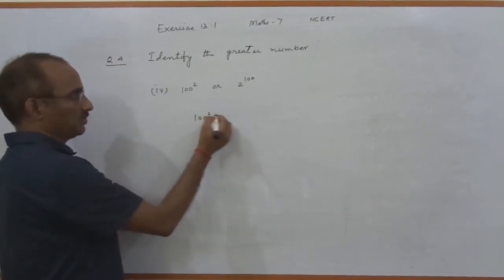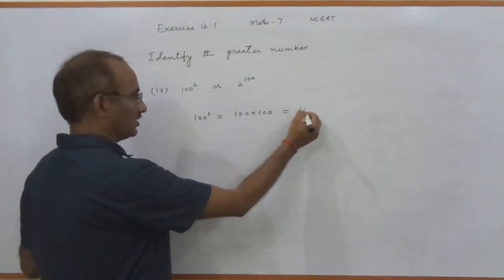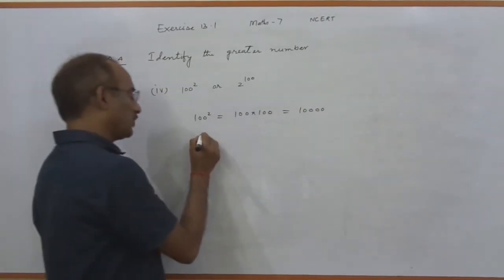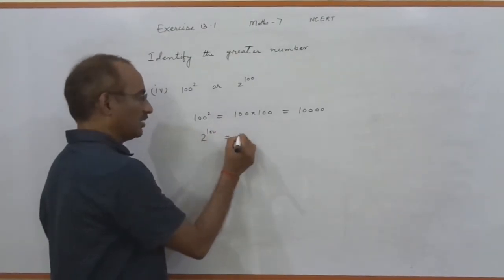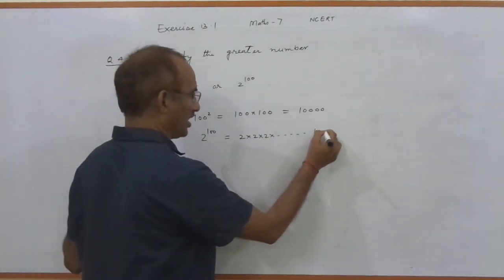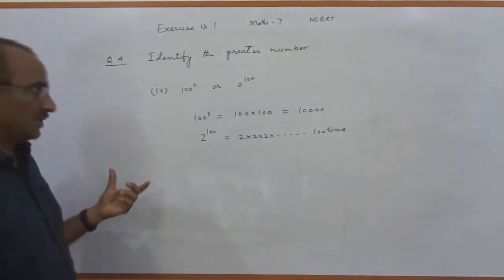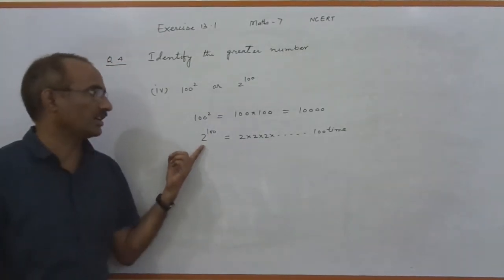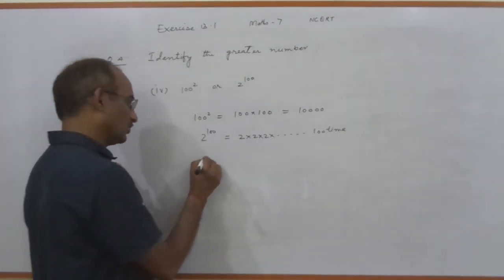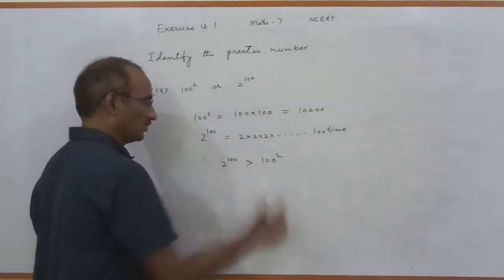So 100 power 2 can be written as 100 multiplied by 100 and it is equal to 10,000. And 2 power 100 can be written as 2 into 2 into 2 into 2 and so on, 100 times. Obviously it is a very big number, so 2 power 100 is greater than 100 power 2.